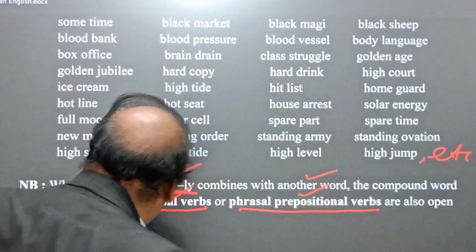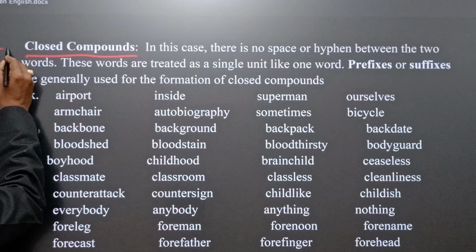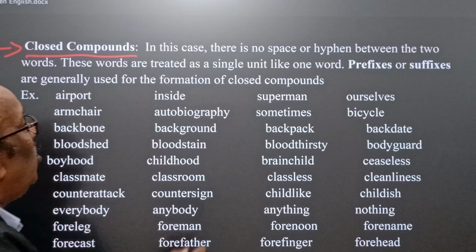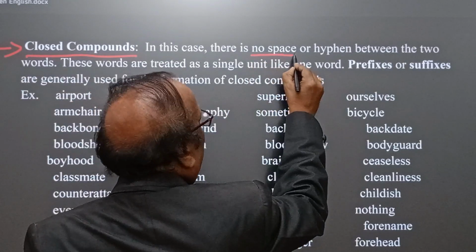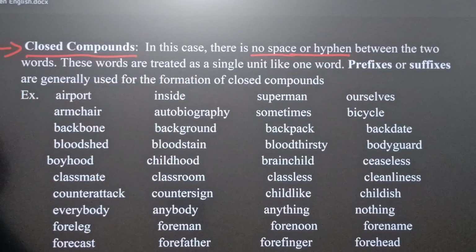Okay, now come to the second type, that is what we call the closed compounds. Here, closed compounds in the sense that in this case there is no space or hyphen between the two words. These words are treated as a single unit, like one word.